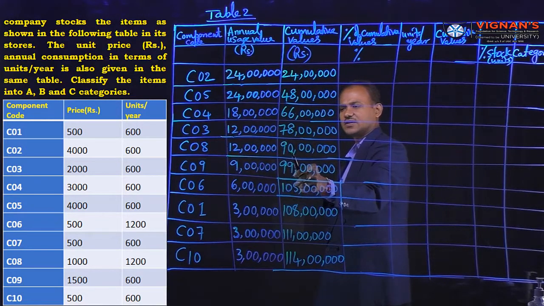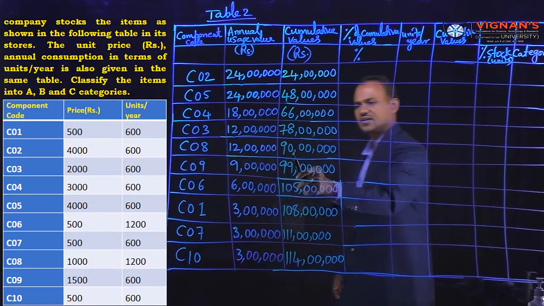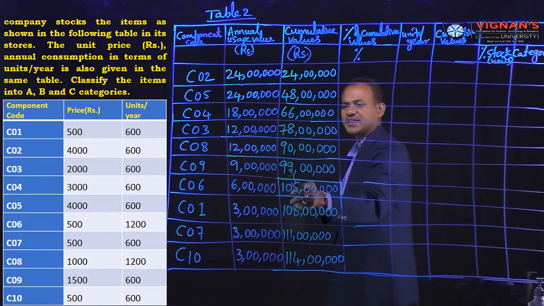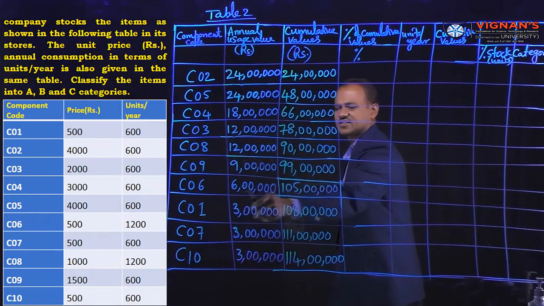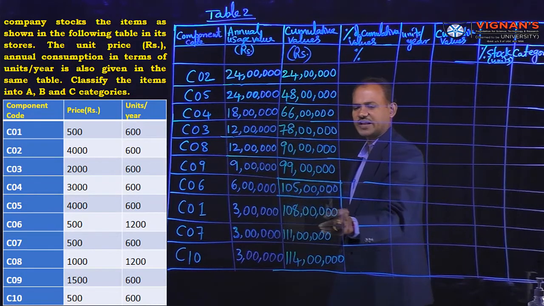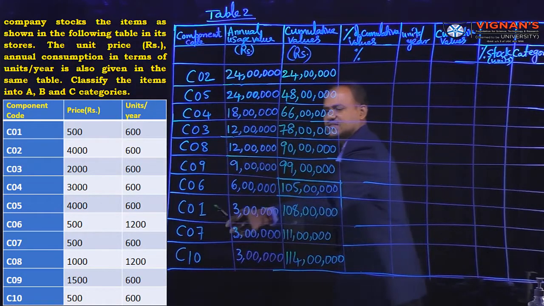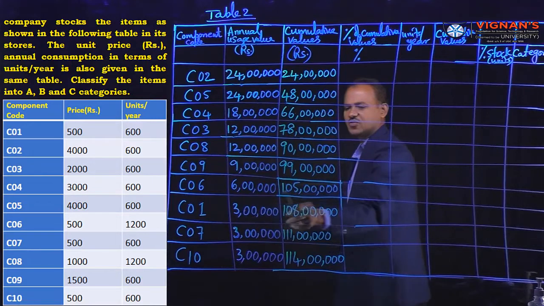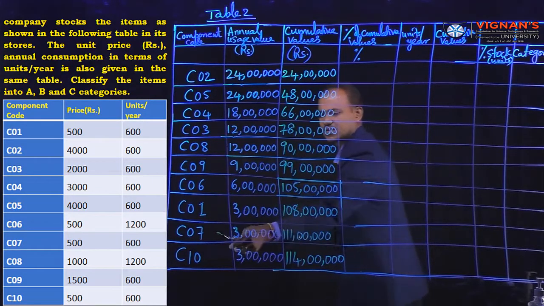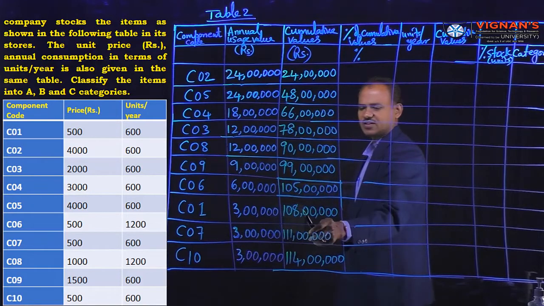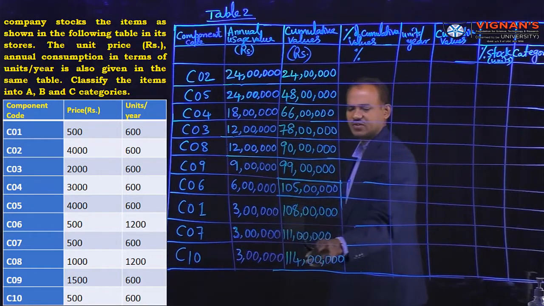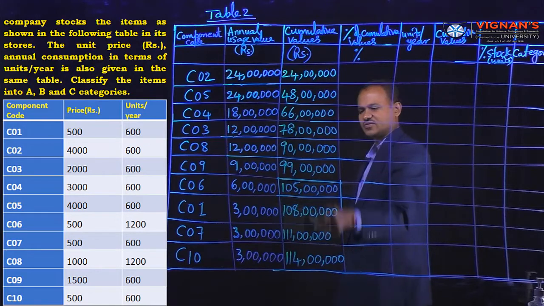Okay. Next C09, 90 plus 9, 99 lakh. Next C06, 99 plus 6, that is equal to 105 lakh, plus next component C01, 105 plus 3, 108 lakh. Next component C07, 108 plus 3, 111. This is the cumulative value.